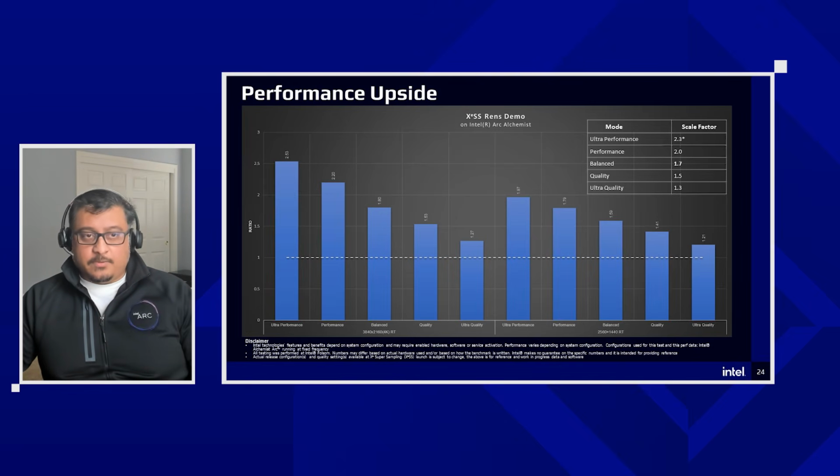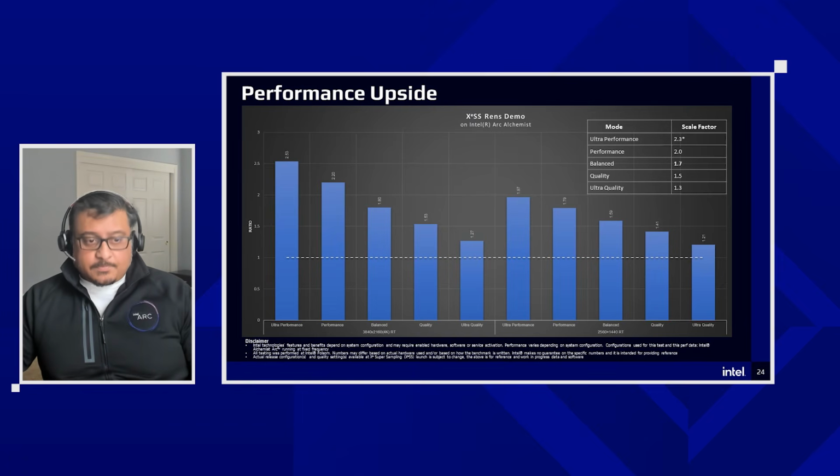So for example, performance is at 2.0 scaling, meaning your target resolution is 4K, and you take it down by 2x in both x and y direction. You give it to rendering, and it will render at that lower resolution. XeSS then comes into the picture. XeSS will upres that frame from the lower resolution to the higher resolution you're targeting, in this case 4K.